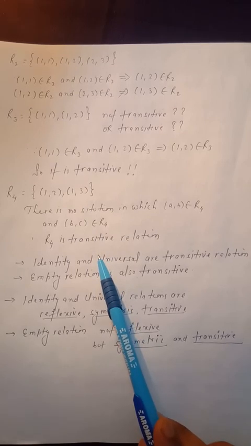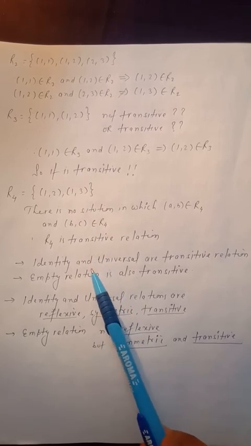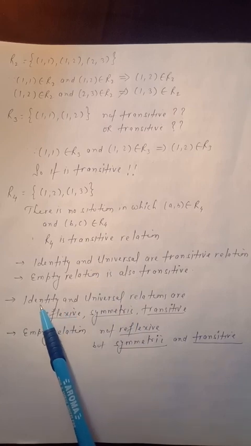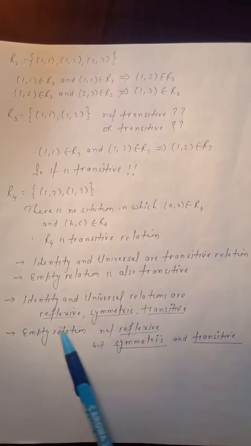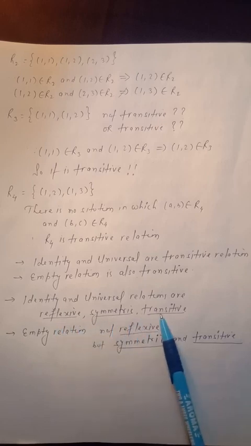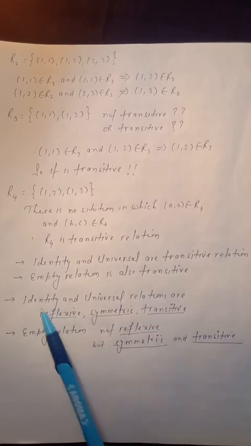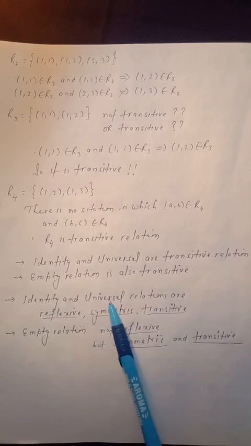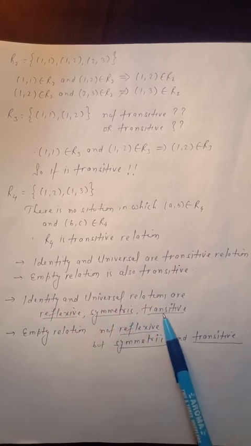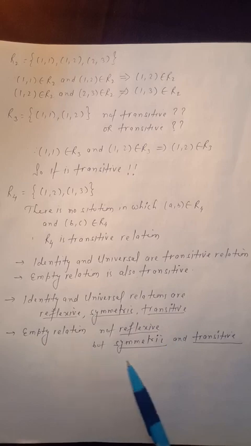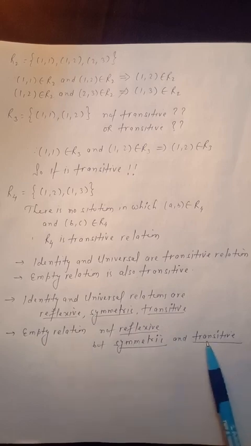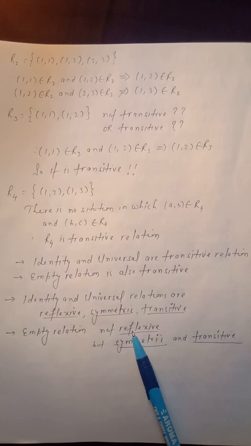Now a final very important note. Please note that identity and universal relations are reflexive, symmetric and transitive, whereas the empty relation is also symmetric and transitive, but it is not reflexive.